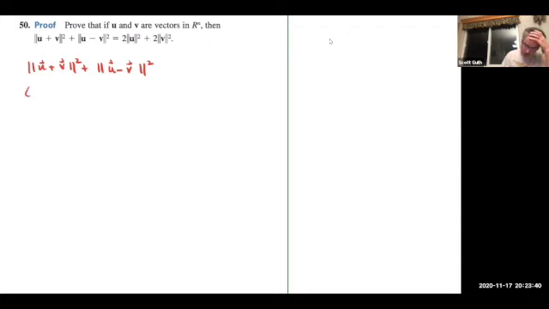So you would have u plus v dotted with u plus v, like that. And then plus u minus v dotted with u minus v. Okay, so that's equivalent.